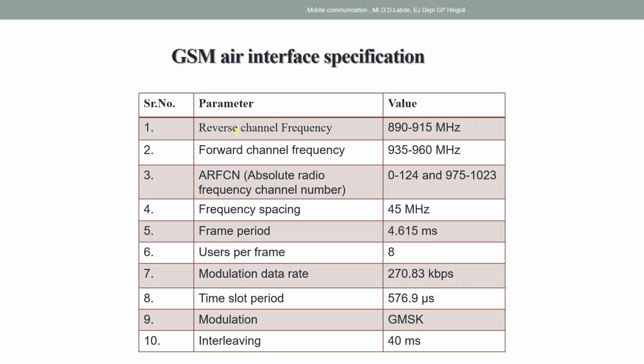Here you can see the reverse channel frequency, forward channel frequency, absolute radio frequency channel numbers, frequency spacing, and frame period. When you are transmitting one frame, you require 4.615 milliseconds. Each user can use 8 different slots. The modulation data rate is 270.83 kbps, meaning when voice data is transmitted, the transmission rate is 270.83 kbps.